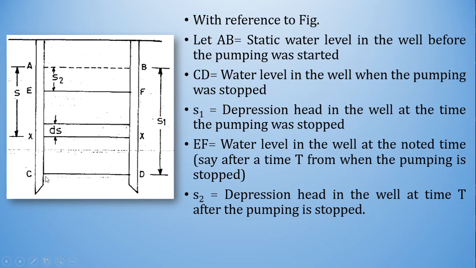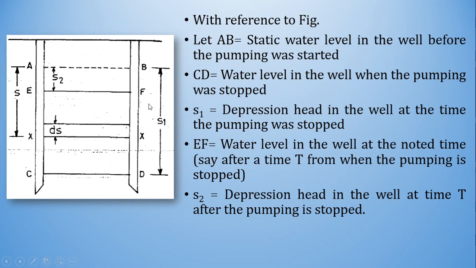CD is the water level in the well when the pumping was stopped. S1 is the depression head in the well at the time the pumping was stopped. So when the pumping was stopped, this is the total depression head or drawdown.